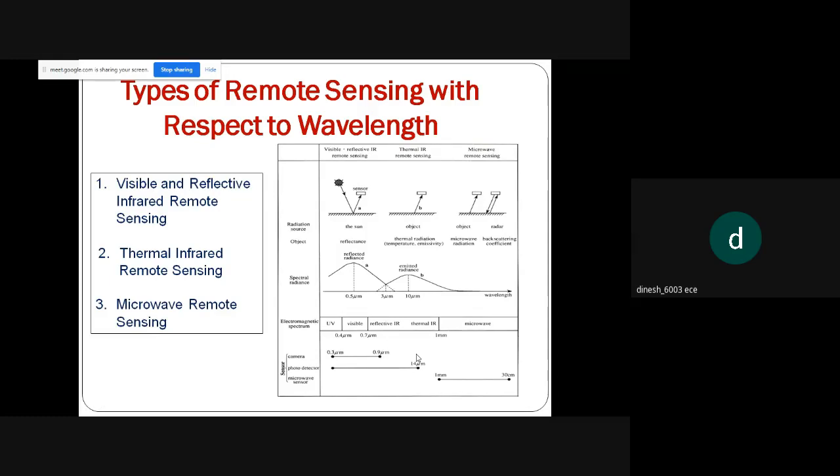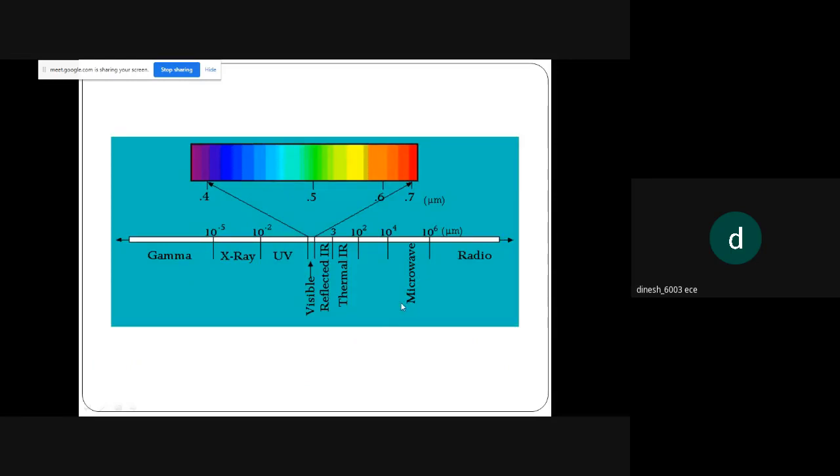So next is types of remote sensing with respect to wavelength. Okay, before going to this, I'll show you the same again. If you have any queries in this electromagnetic spectrum, you can type in the chat box.